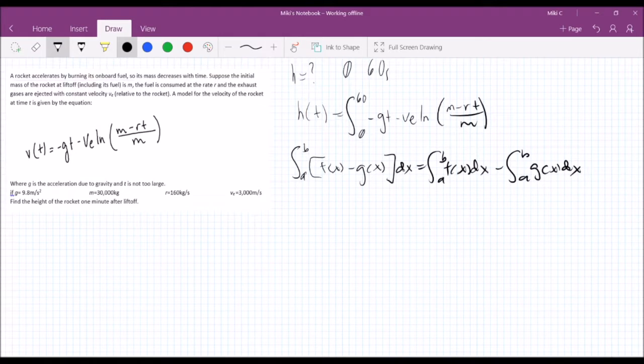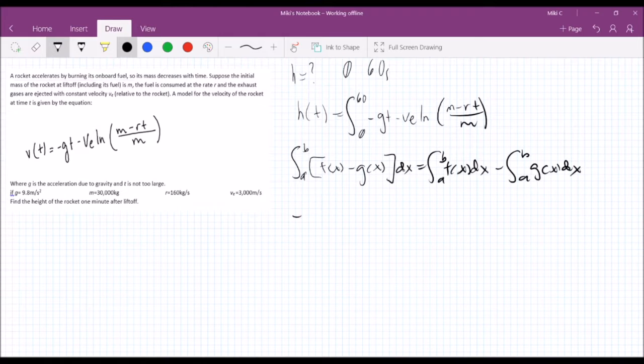This property basically allows us to split the following integral, which has one part that we know how to integrate simply already, and another one that's a little more complicated because it has ln, into two parts, so that we can solve the easier one first.